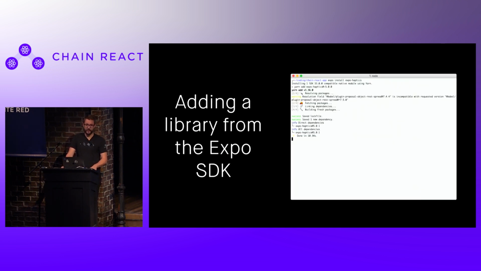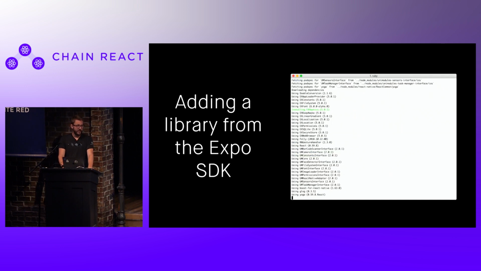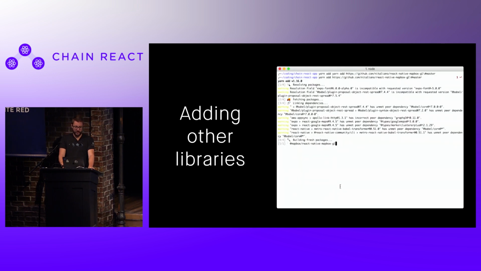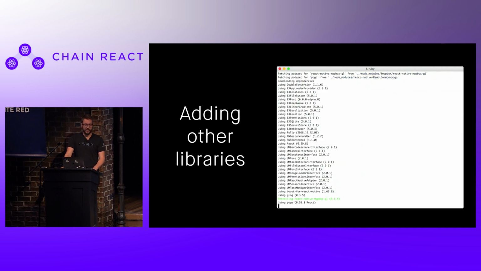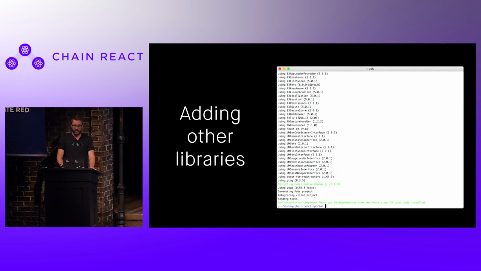To add a library from the Expo SDK, we just install it through npm and then run pod install and then we recompile our projects. This is the same thing as React Native's upstream auto-linking, which was actually inspired by the Expo implementation. We've had that there for a number of months now. In terms of adding other libraries, it's just the same as you would do in other React Native apps.